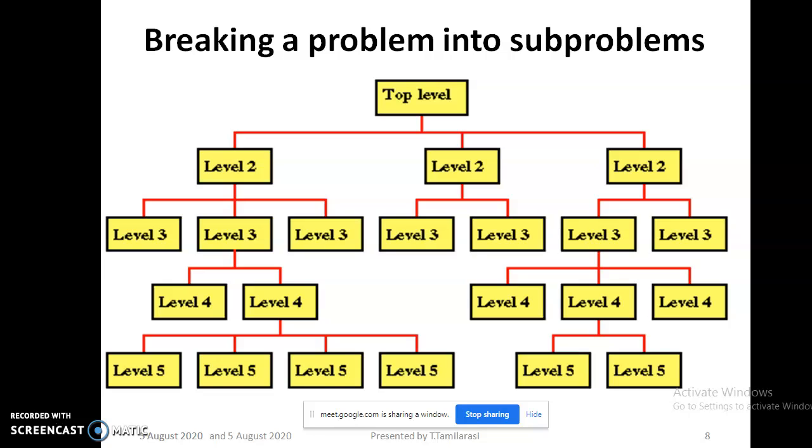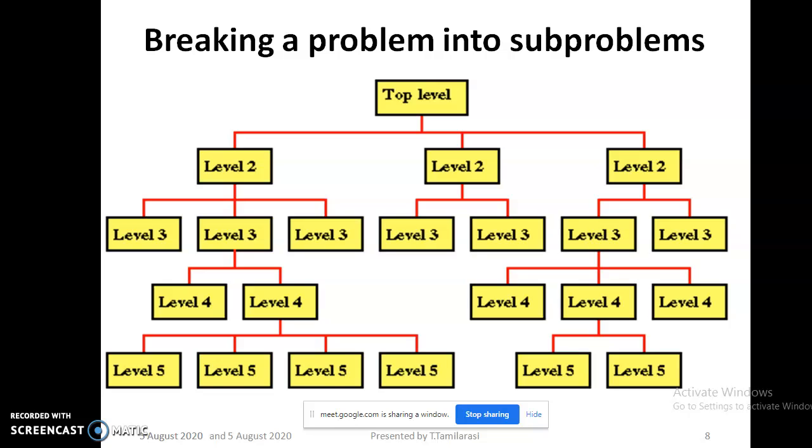Whenever we try to solve a specific problem and it is still complex, we move to the next level. Level 3 problems are all less complex than level 2. If level 3 is also too complex, then we move to level 4.